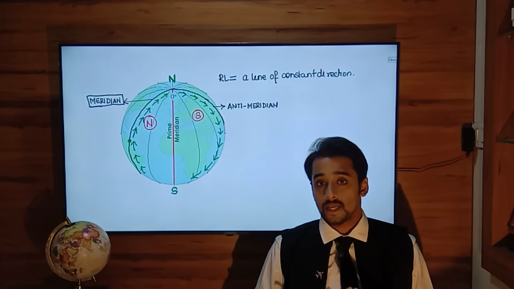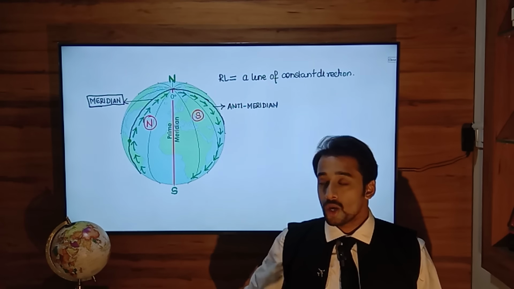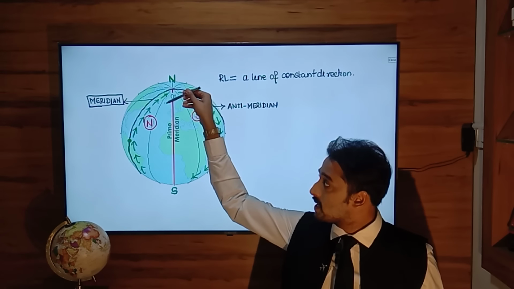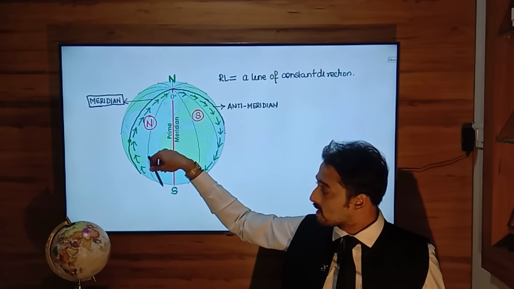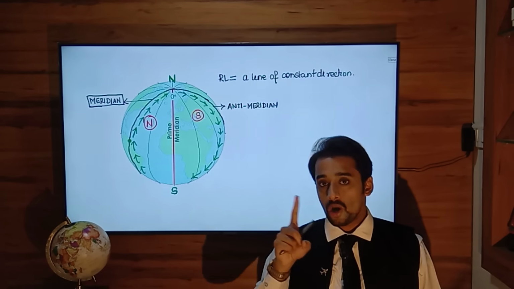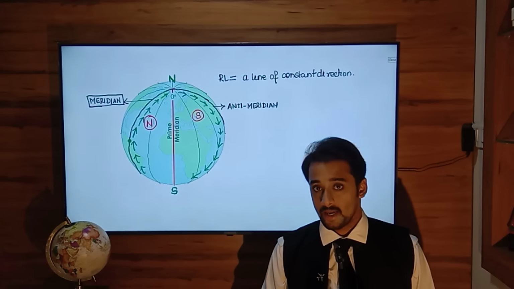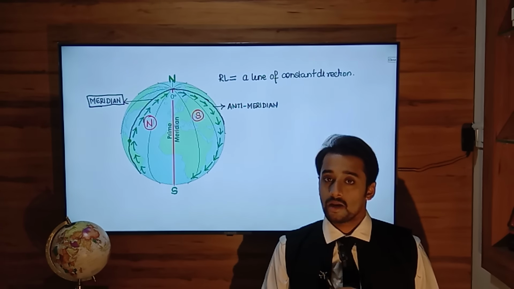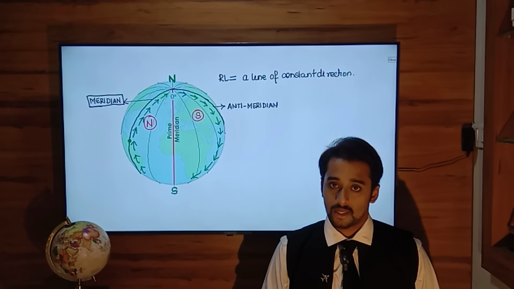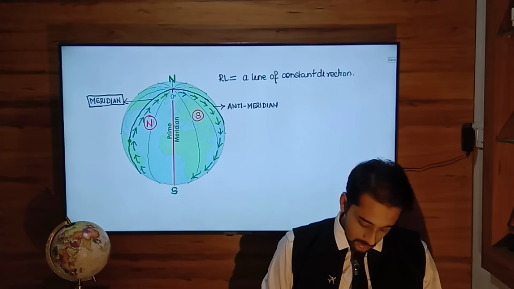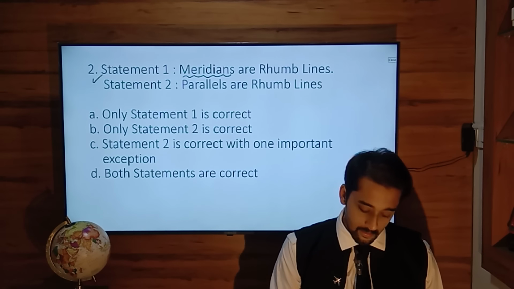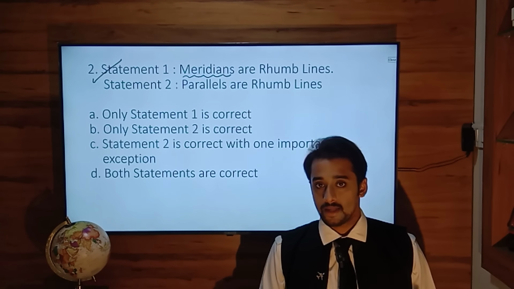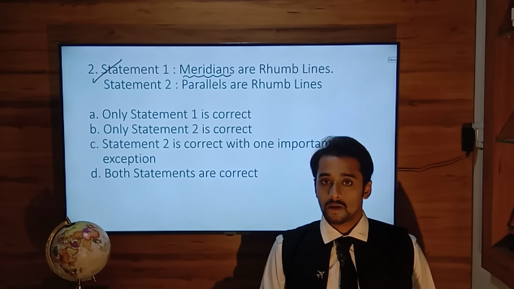If you select to fly southerly, your direction of flight will be southerly until you reach the South Pole. So along a particular meridian, not the anti-meridian, the direction of flight will be constant.